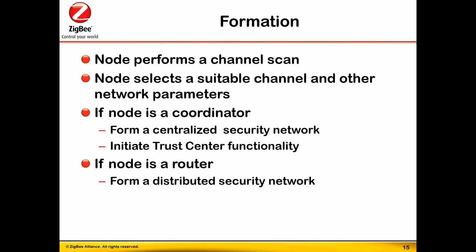And once you've done that, you initiate your trust center functionality, and that's how we get that security added benefit of the centralized networks. However, if you're a router device and you also do formation, you then form a distributed security network, and that's how we get to the two types of network.